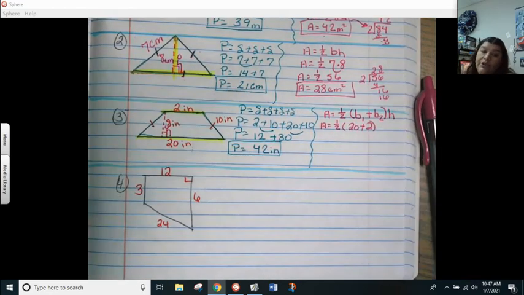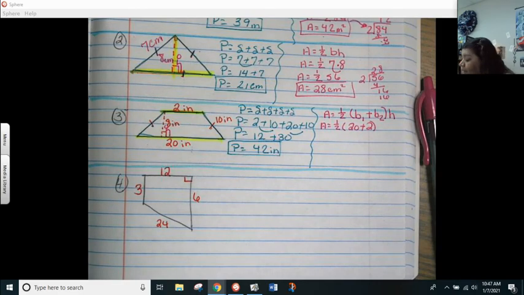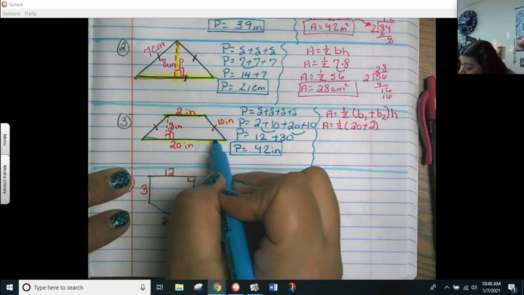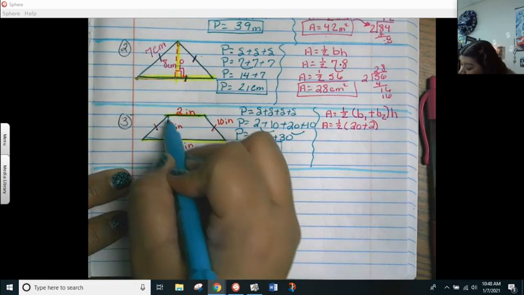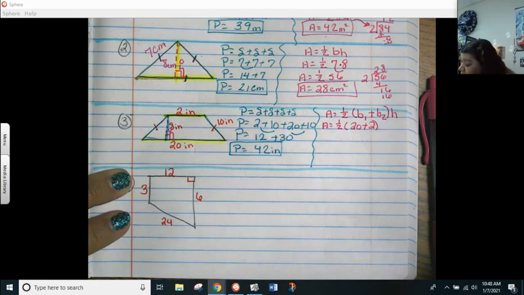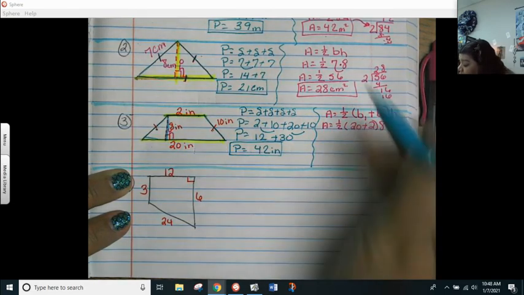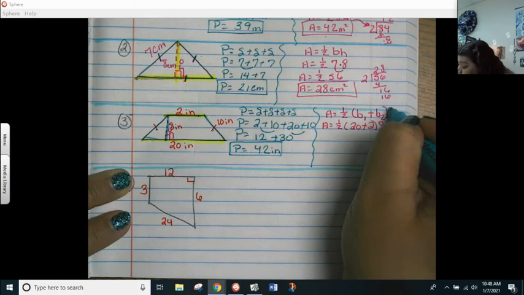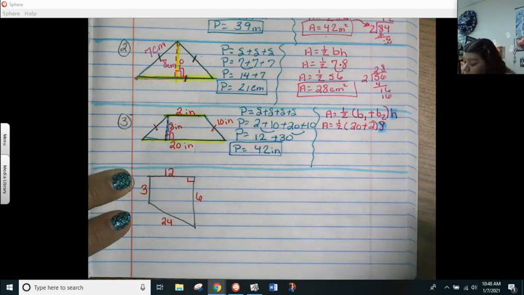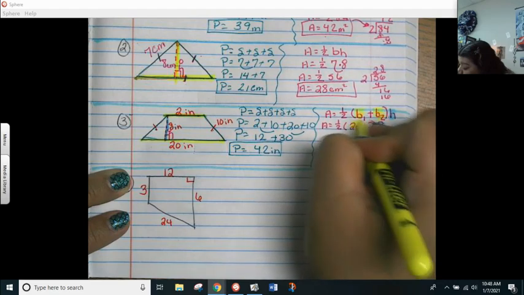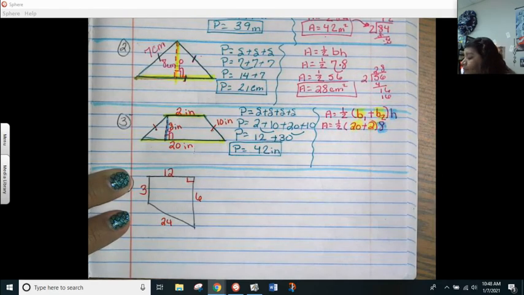As long as you know that those 2 are your bases, you're good. Okay? And then the height, remember, it's at that 90 degrees. So if this is Harry's base, this is Harry's height, which is an 8. Okay? So height, I'm going to highlight this in blue. And then your bases, I'll put them in yellow so we know where the numbers are coming from.